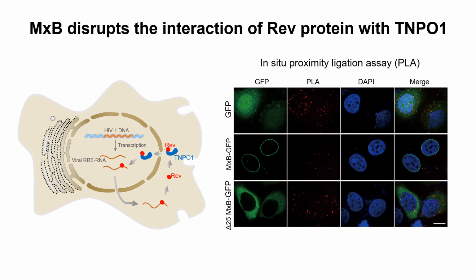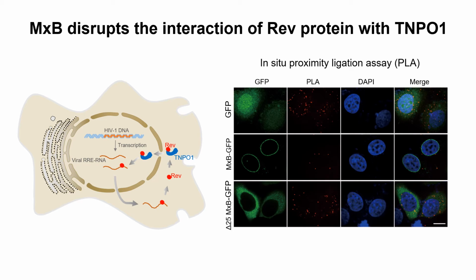Next, we asked how MxB blocks Rev in the cytoplasm. Transportin 1 is a nuclear importer that has been shown to direct the nuclear import of Rev. We thus performed the PLA assay to measure the association of Rev with transportin 1 and the effect of MxB on this interaction.